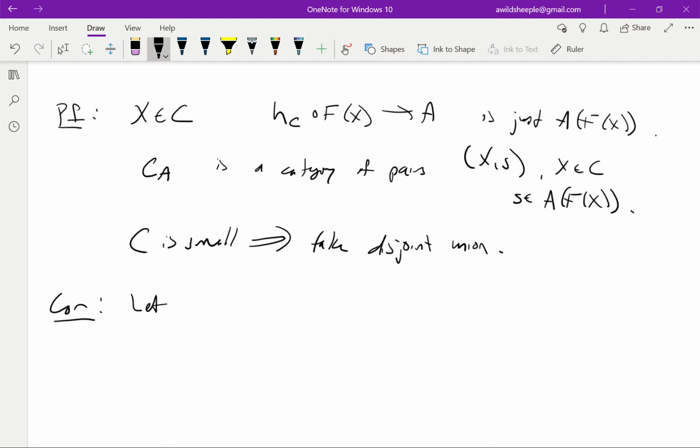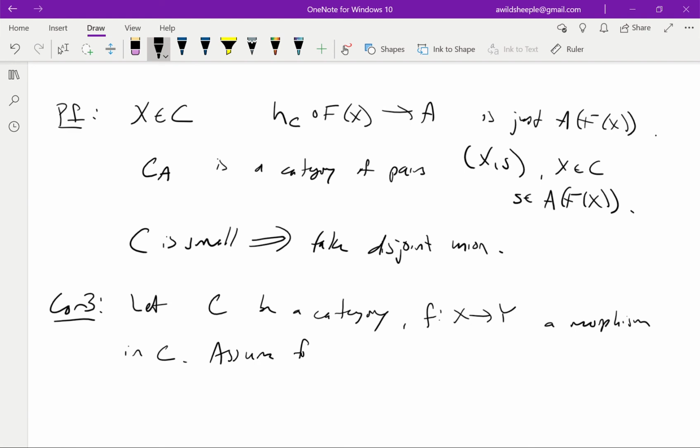So, okay, for the third corollary, corollary 3, let C be a category, and f: X to Y a morphism in C. And what we do then is assume for each W in C, the induced map on Hom sets is an isomorphism.